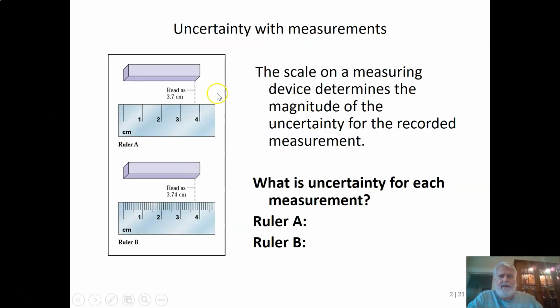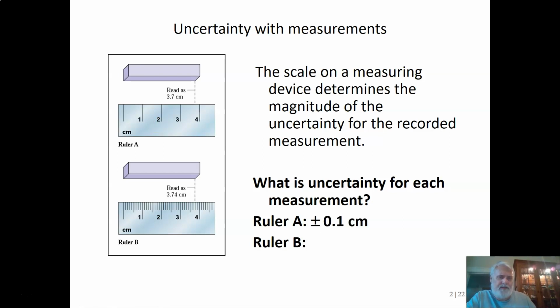And this is in your book. So here's a ruler that is rounded to the nearest centimeter, so you guess one place to the right. Here's one that's incremented one place to the right, so you guess two places to the right. So the uncertainty in each measurement, see if you can think these through before I do them. So in ruler A, what is the uncertainty of that measurement?